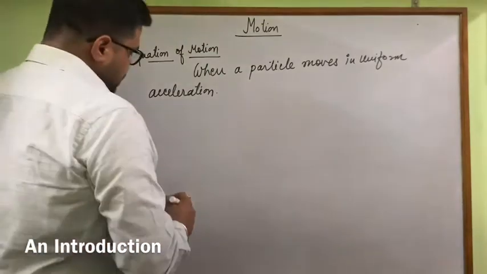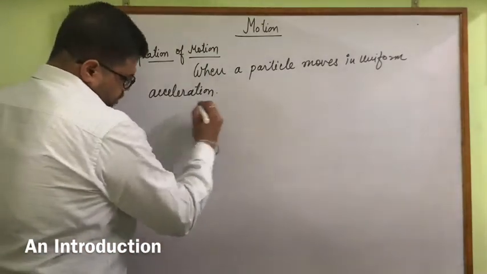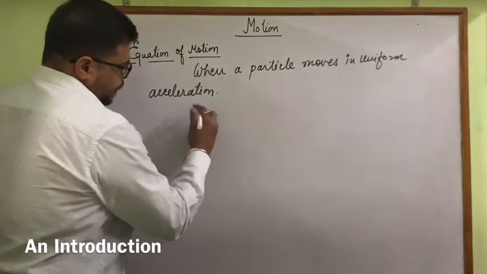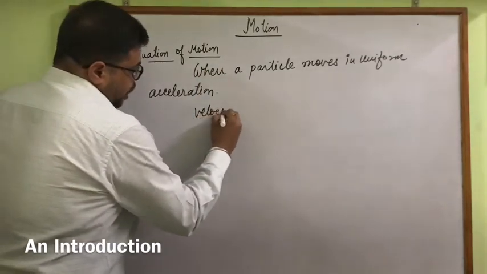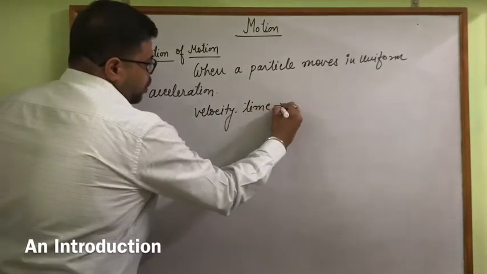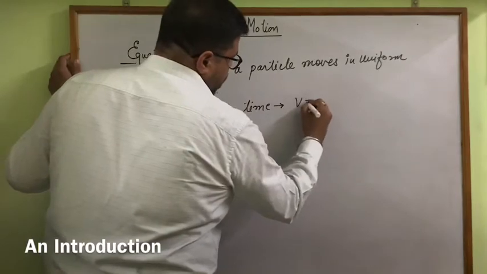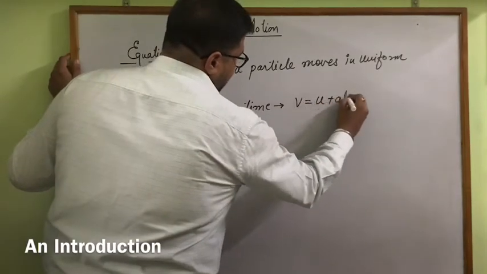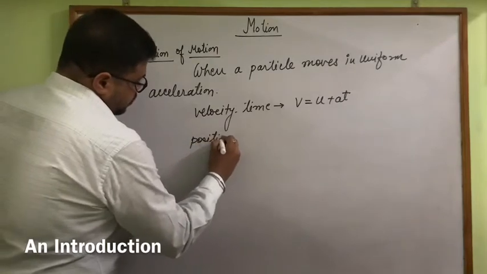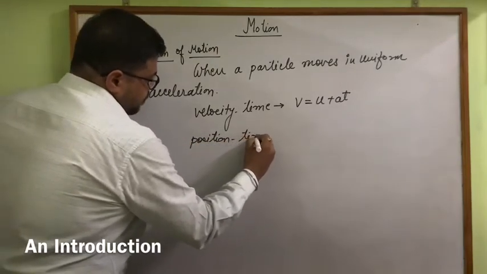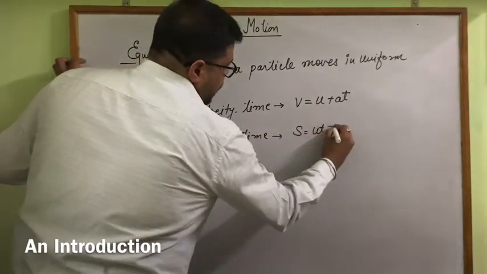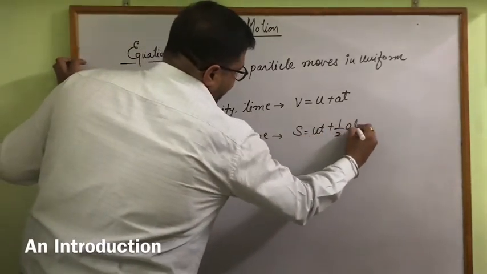Like first, the relation between velocity and time, which is known as v equals u plus at. Then position and time, this relation is known as s equals ut plus half at square.